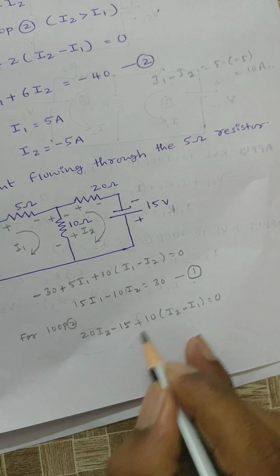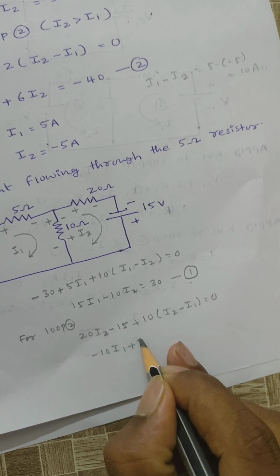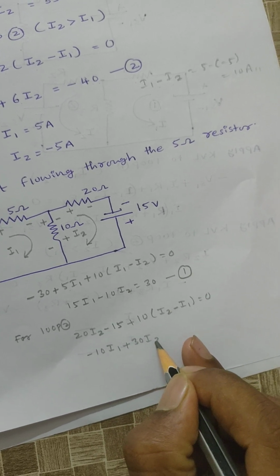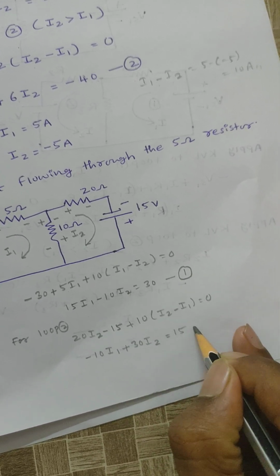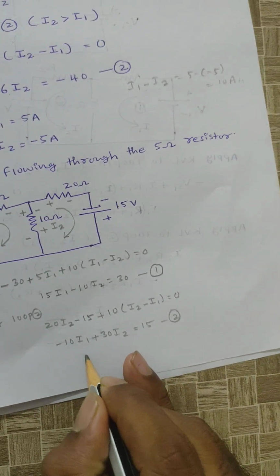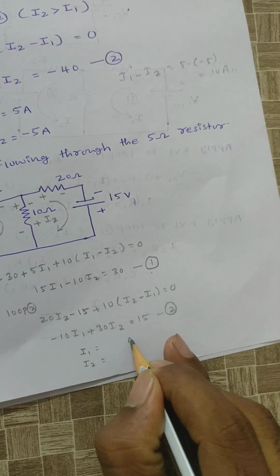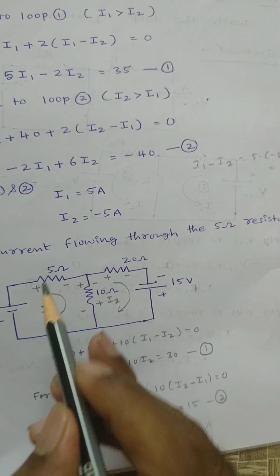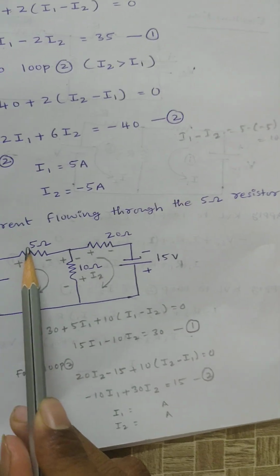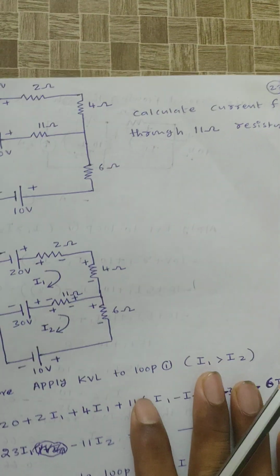First write the I1 terms: minus 10I1 plus 30I2 is equal to 15. By solving equations 1 and 2 in the calculator, you will get the I1 value and I2 value in amperes. Then the current flowing through the 5 ohm resistor will be I1. In this way you can calculate the current flowing through any branch.